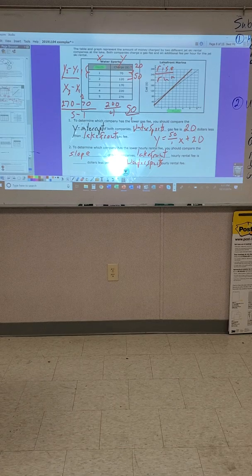Well, so we've got 40, that's a good starting point. And if we find another easily identifiable point, we rise from 40 to 120, and we could go across to where we're above 2 hours. So from 40 to 120, that is a difference of 80.